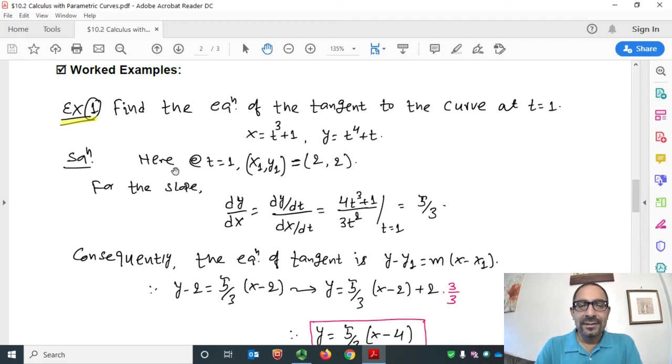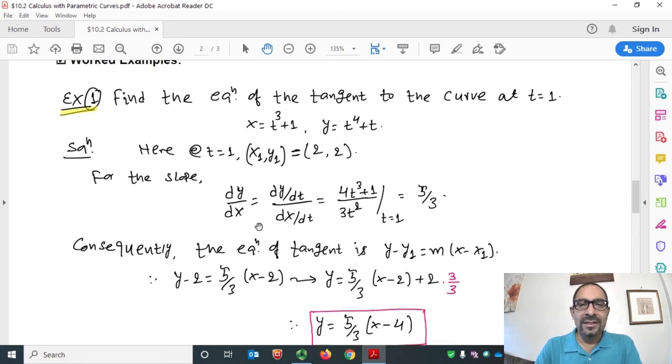Here, t equals 1 corresponds to the point where x is 2 and y is 2. I assume this point is (x1, y1). To find the equation of the tangent line, we need two pieces of information. One is a point, which we now have. Second, we need a slope. So next, let's find the slope.